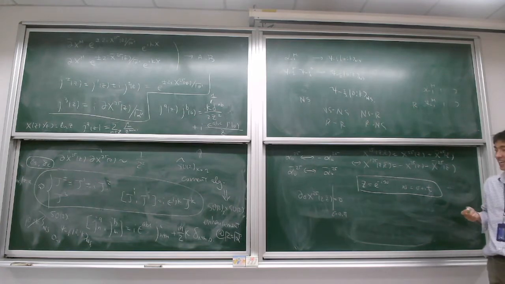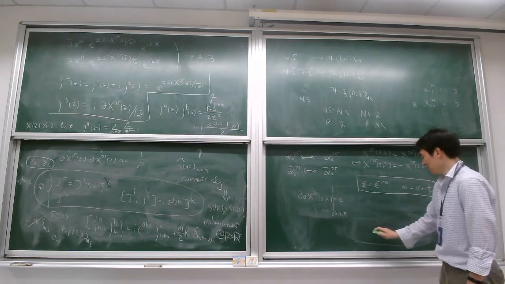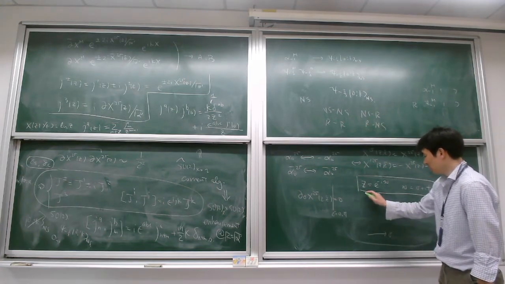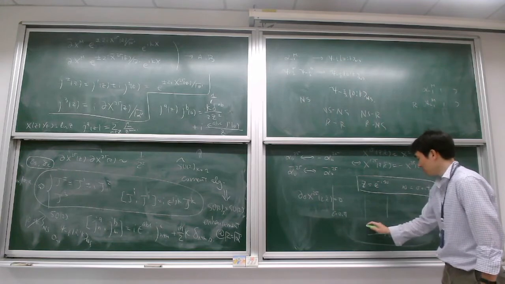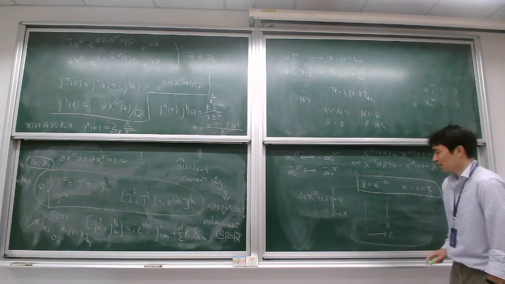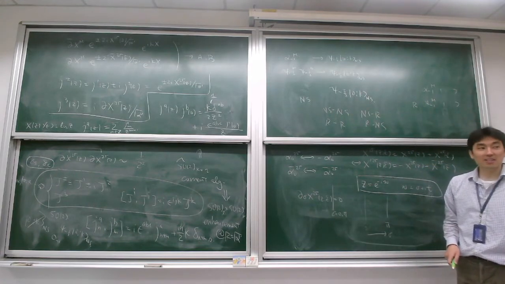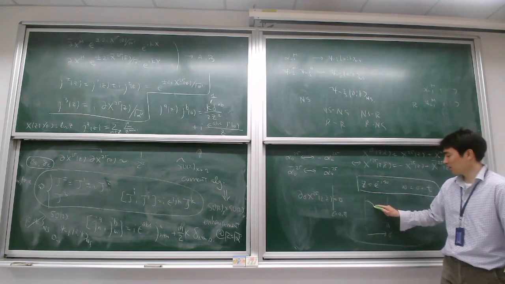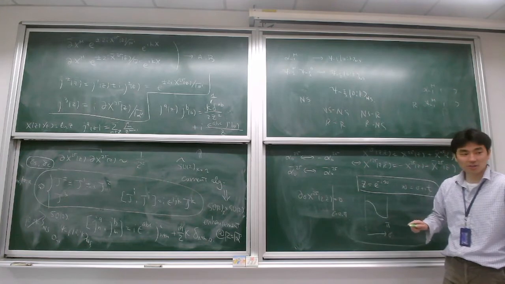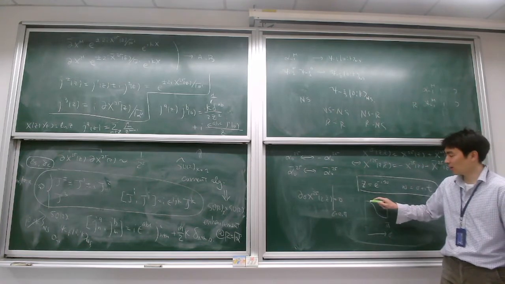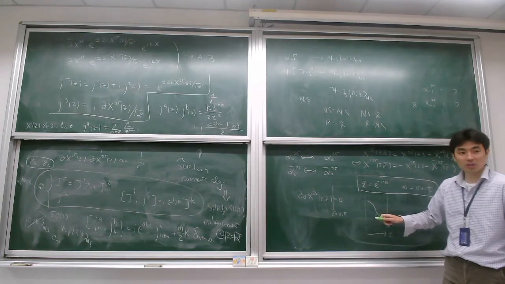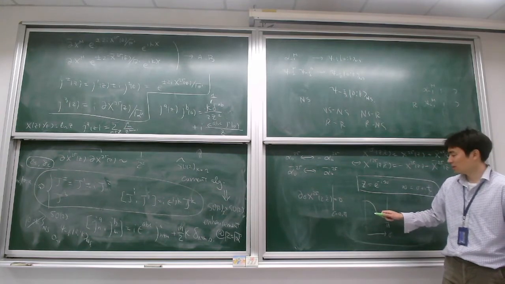Do you understand? You have the sigma direction, with 0 and pi, right? Sigma equal to 0 is what? Always sigma derivative 0. Do you understand what I mean?